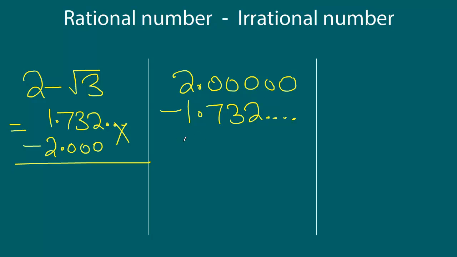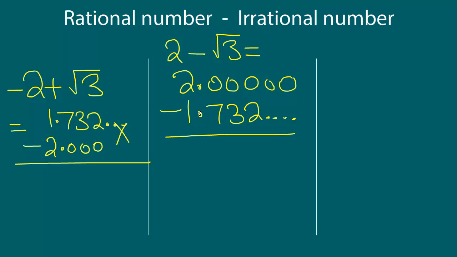Now if we carry out this subtraction, what do we get? What we are solving here is 2 minus square root 3. Let's try to actually carry out this subtraction.